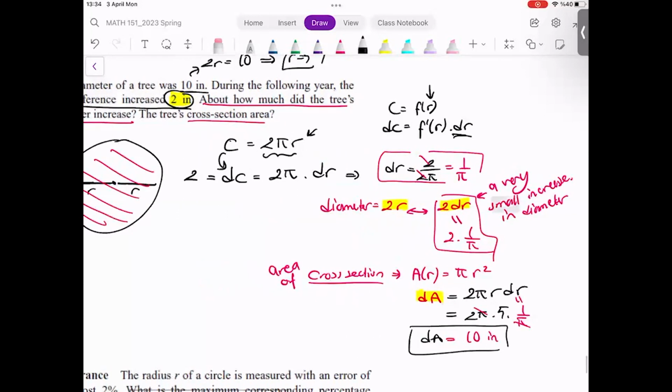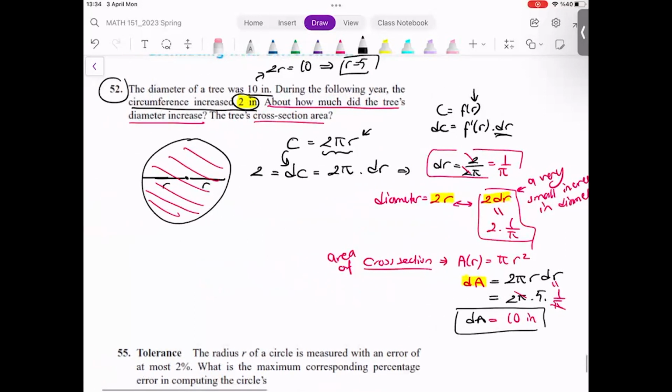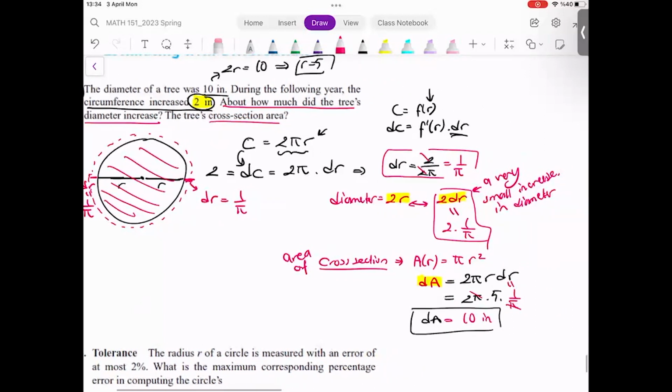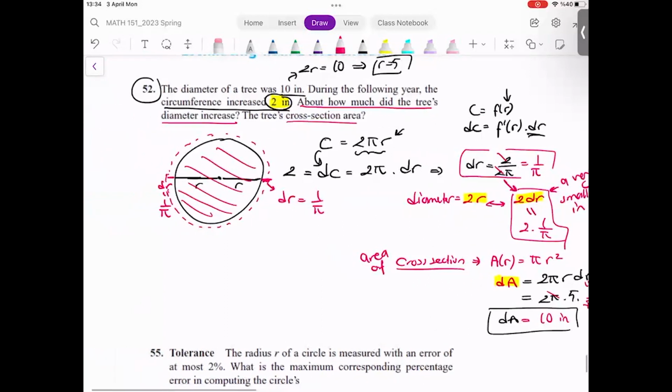Let me show this dr and dA in the figure so that you understand better. After 1 year, the tree will grow a bit, like that. The growth in the radius is denoted by dr. This part is dr, and it is 1 over pi. Since there is also one other dr on the other side, the small change in the diameter is in total 2dr, so 2 times 1 over pi.